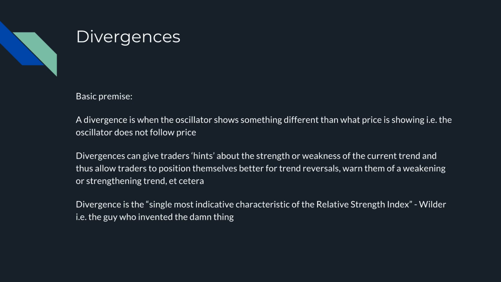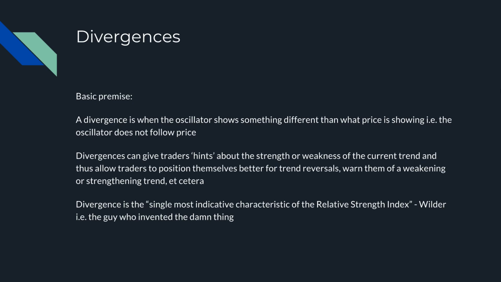It does not follow price. And these divergences can give traders hints about the strength or weakness of the current trend, and thus give us very profitable counter-trend positions, or if you're more risk averse, give you an idea of when you can expect to take a long position or a short position. Basically, when the current trend is going to run out of steam.